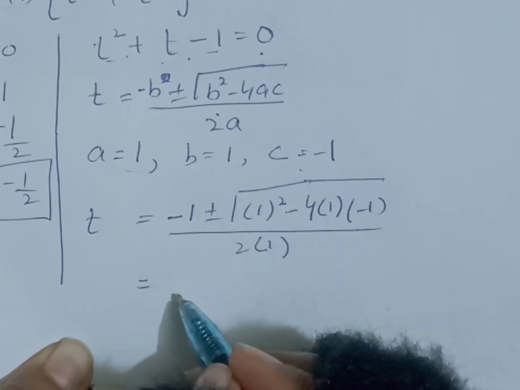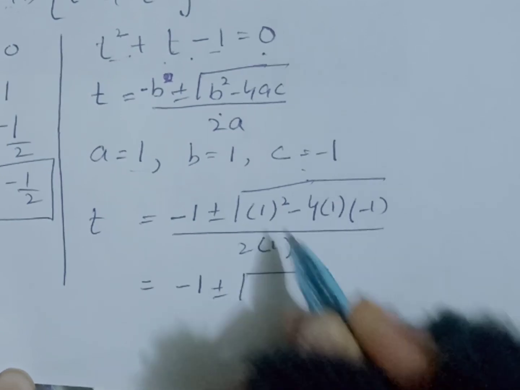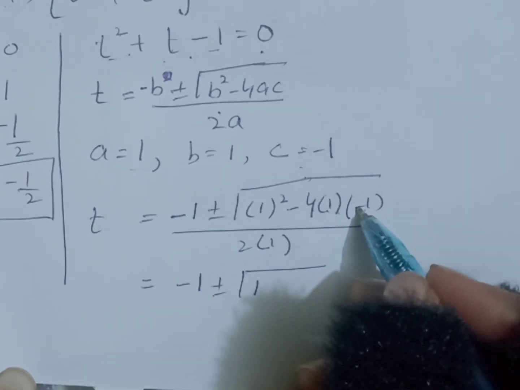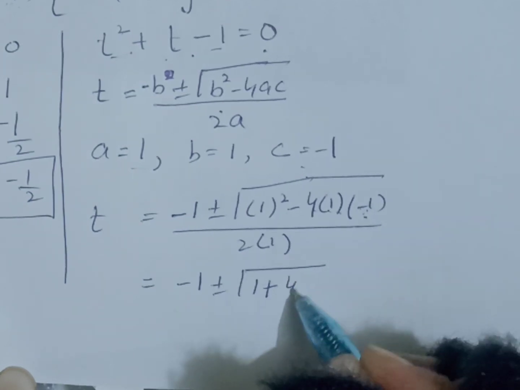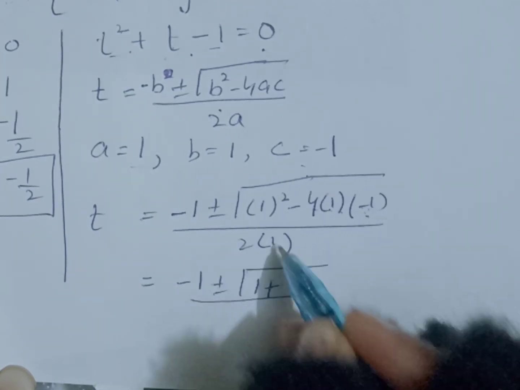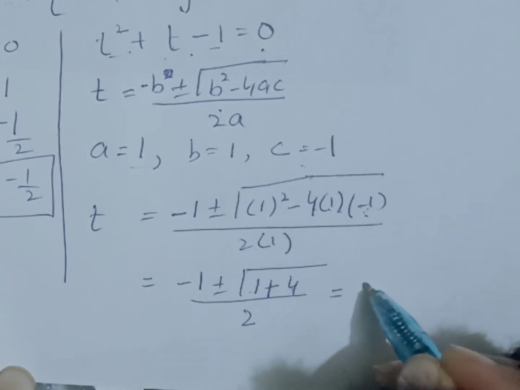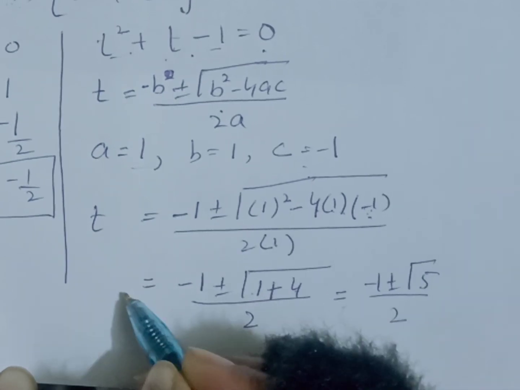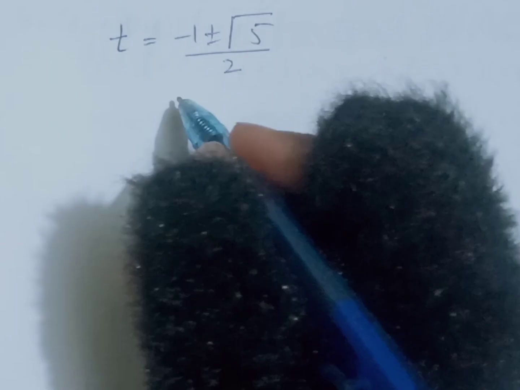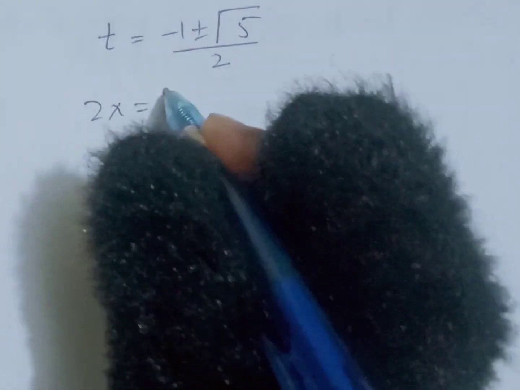So this will become minus 1 plus minus square root of 1 square, which is 1, and minus will become plus. If we multiply this, then we get 4 over 2. So if we add 4 plus 1, then we get 5 divided by 2. It's the answer of t. And at the start of the question, we let 2x is equal to t, and t is equal to this value.